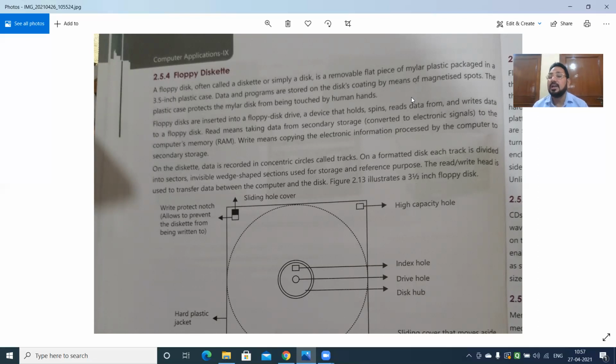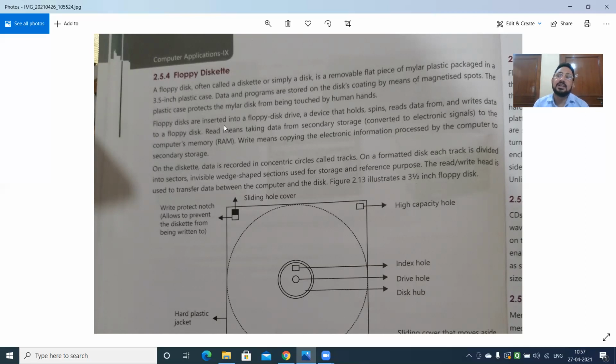And I'll tell you, the floppy disk is a very sensitive device. Many times, the first time it works, the second time it will not work. So that was a problem with the floppy disk. That's why the floppy disk was replaced afterwards by CDs and then DVDs and all that.